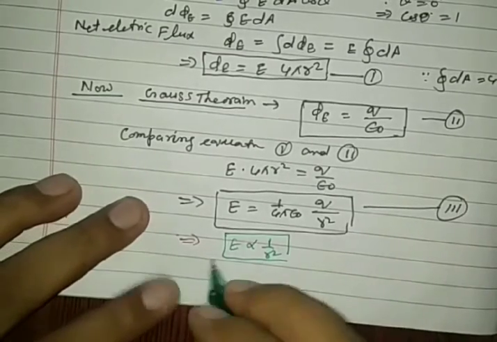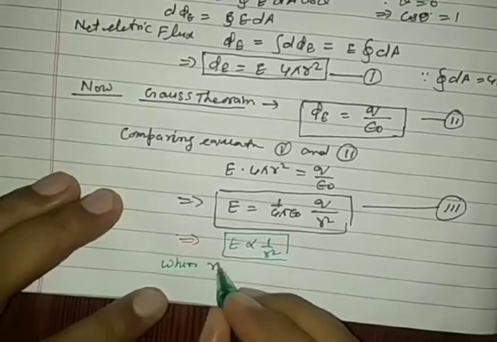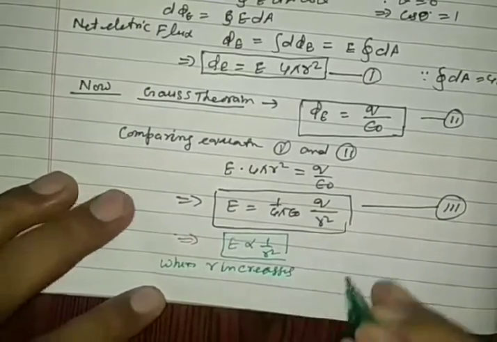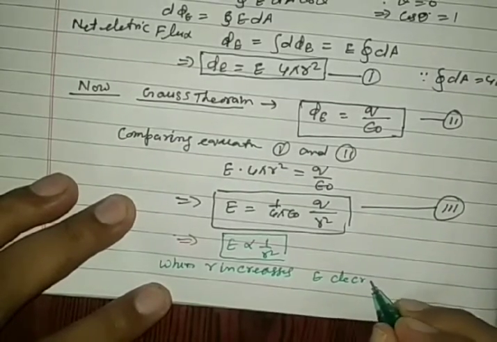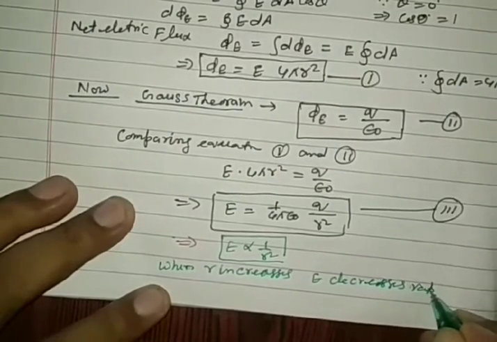What does it mean? When r increases, E decreases rapidly.